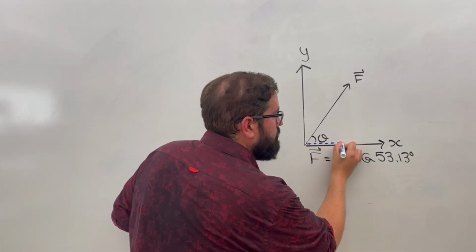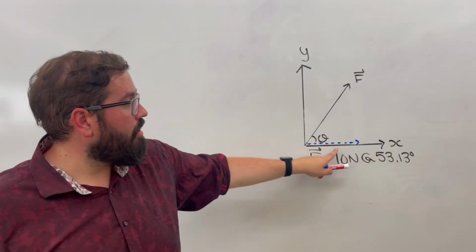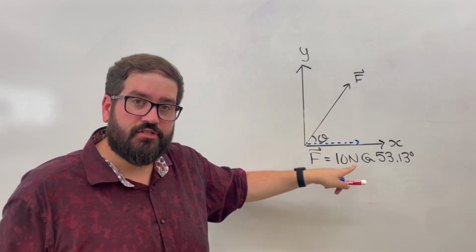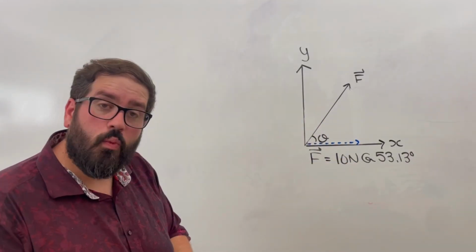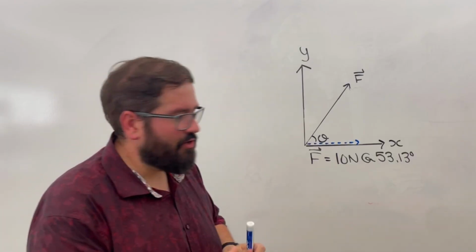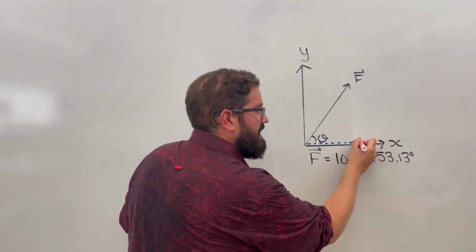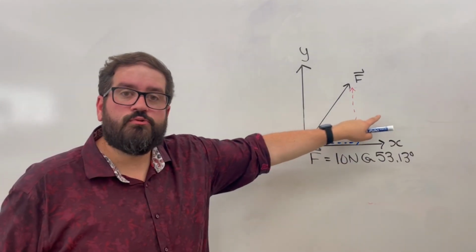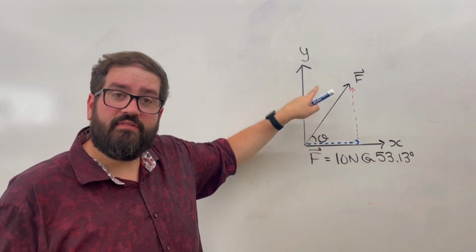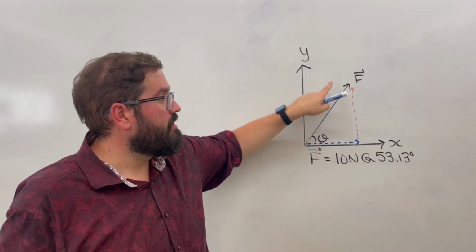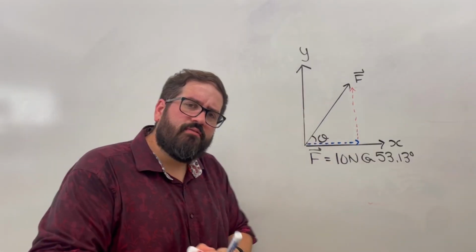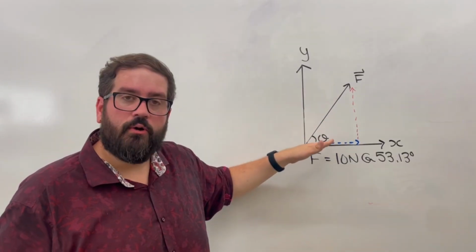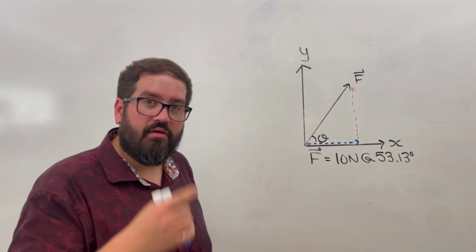With the blue marker, I've indicated how far this vector goes in the x direction. We can do the same with the y. I'll use a different color by going perpendicular to the x-axis. What I've done now is represent the x component of vector F and the y component of vector F. If I ever want to know the magnitudes of these two components, I do have to do a little bit of math.